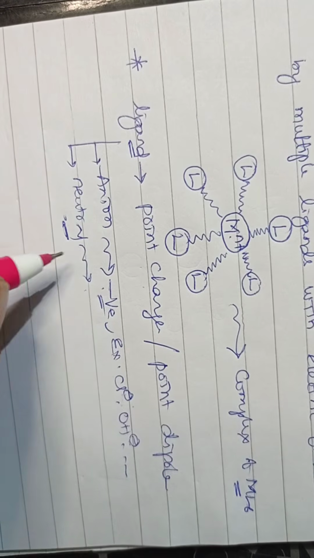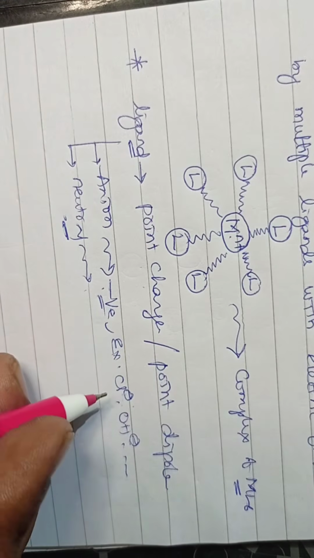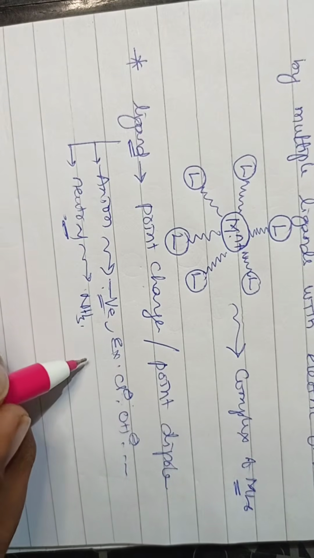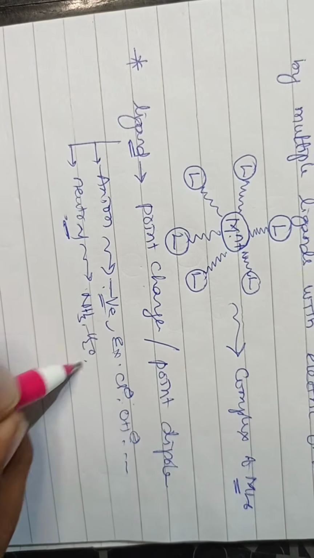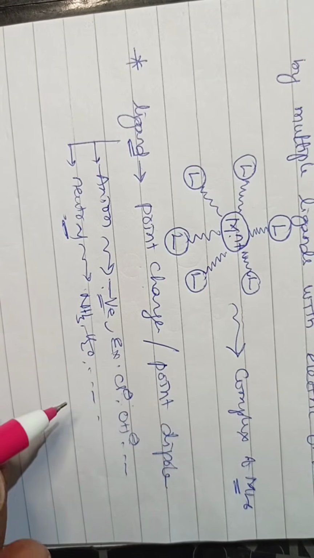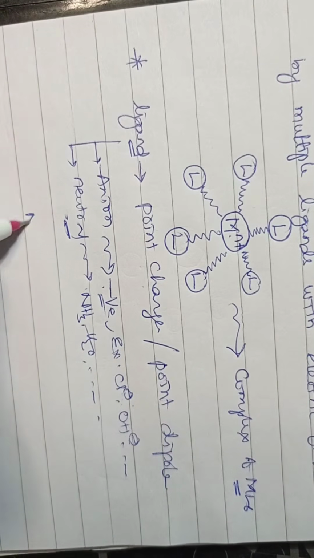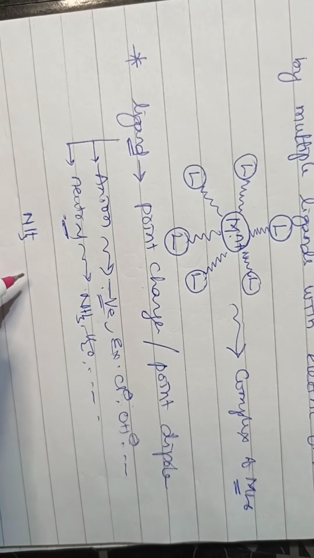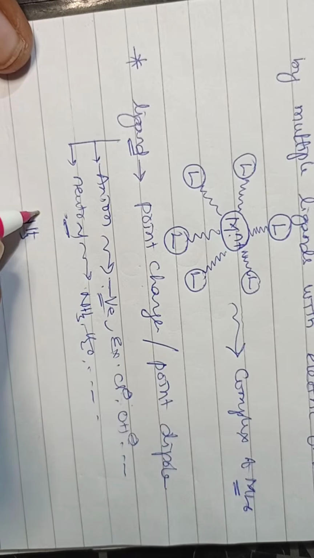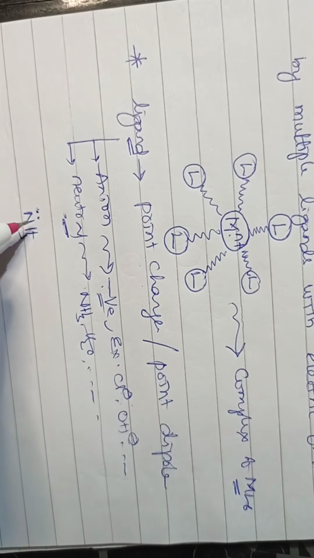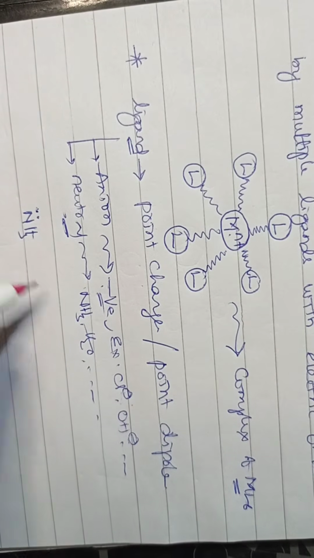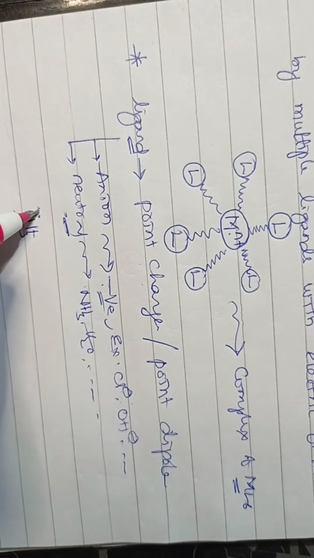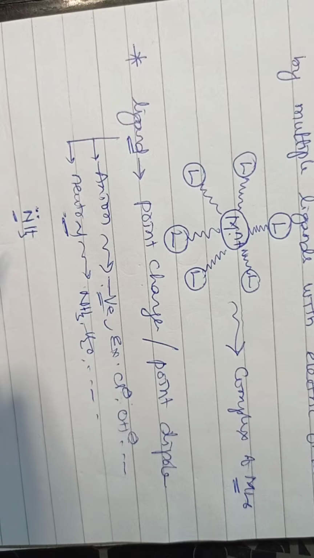And thereafter, neutral ligands are considered as point dipoles. Neutral ligands may be ammonia, water, and so on. Such neutral ligands carry non-bonding electron pairs, such as in ammonia, where the nitrogen has a non-bonding electron pair.